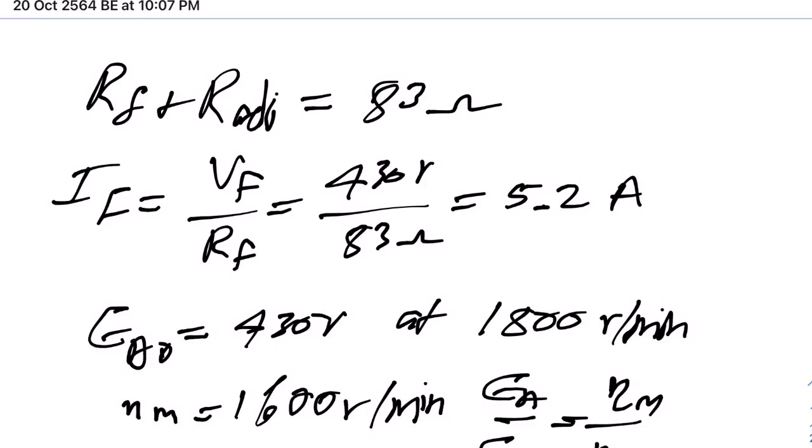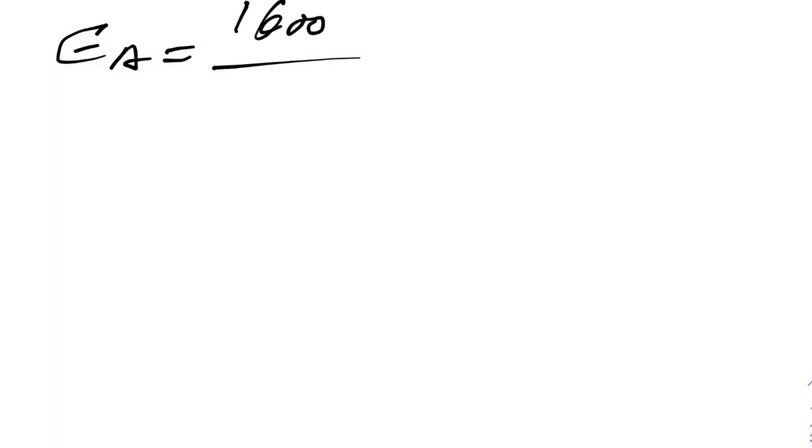Now I multiply both sides here. So EA equals what? 1600 over 1800 revolutions per minute multiplied by 430 volt.